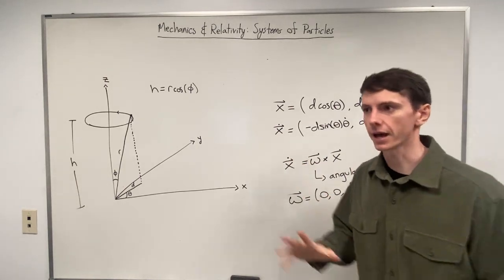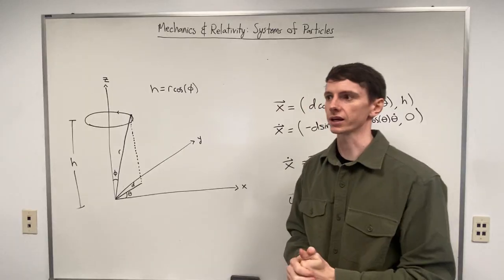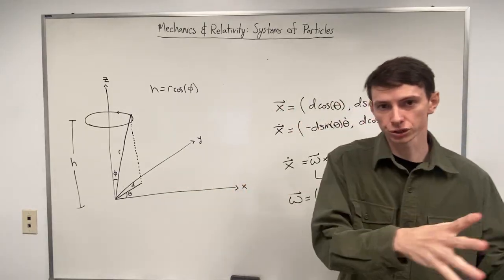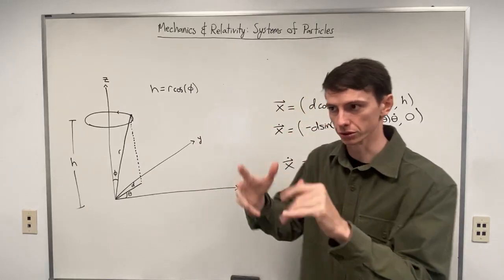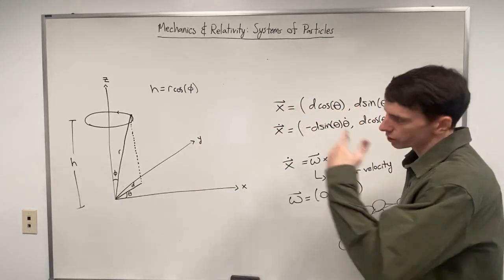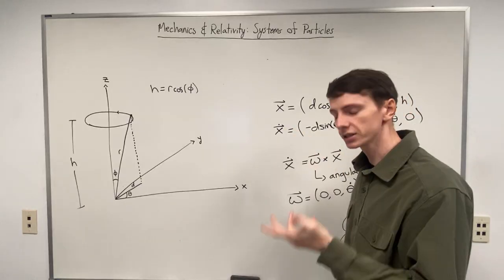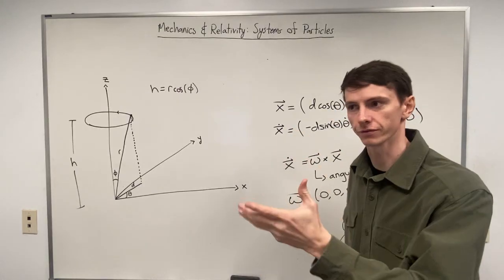And we're going to get to that in a future video where we generalize how a body is moving if it is moving in both the translational direction as well as the rotational direction. But what we're considering right now, when talking about the angular velocity, is simply the rotational motion of an object.